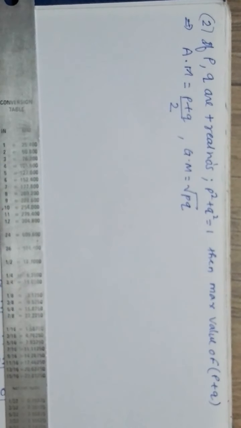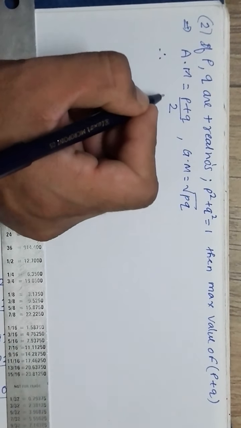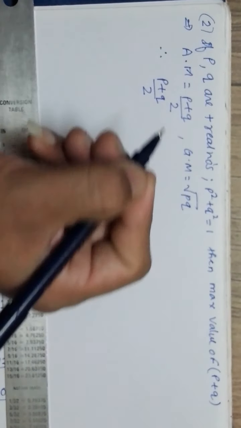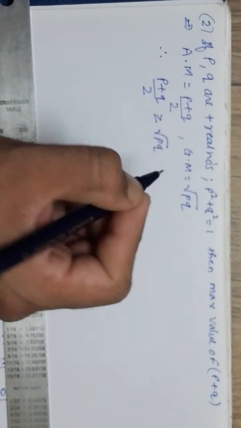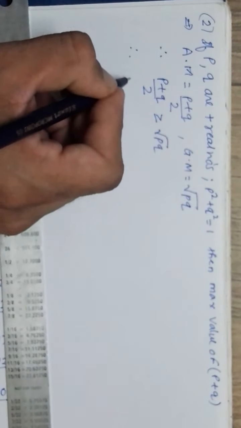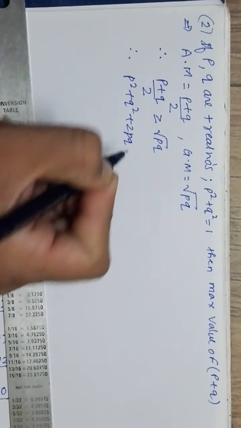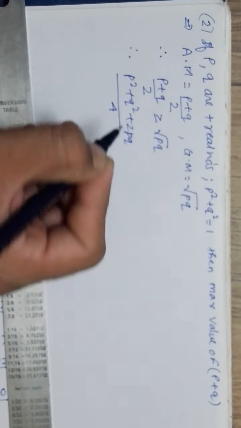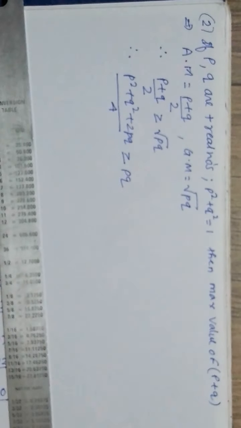So here when I yield that relation, I get that the arithmetic mean is greater than or equal to the geometric mean. So p plus q by 2 is greater than or equal to under root pq, which on squaring you will get p square plus q square plus 2pq over 4 is greater than or equal to pq, right?